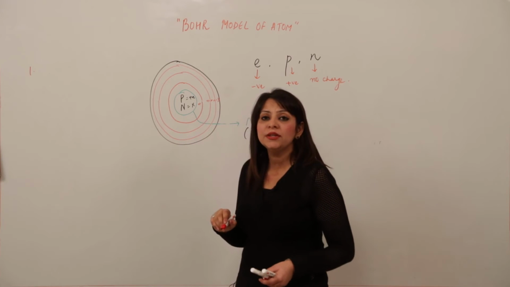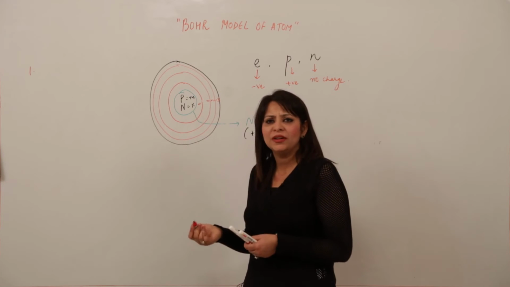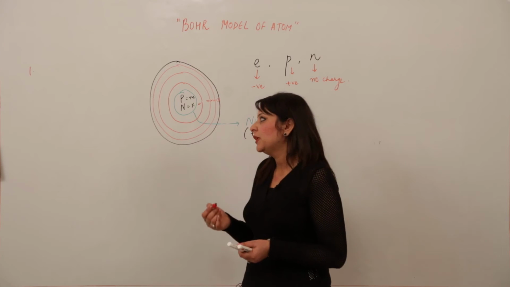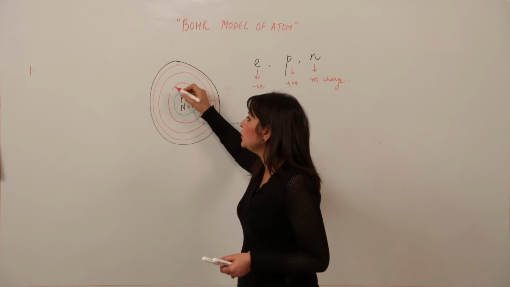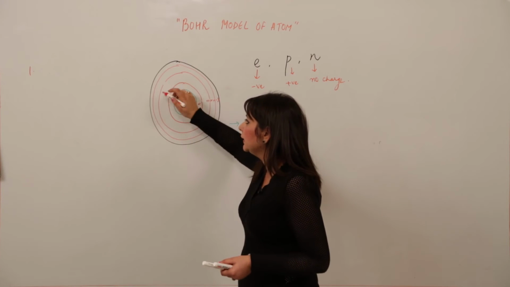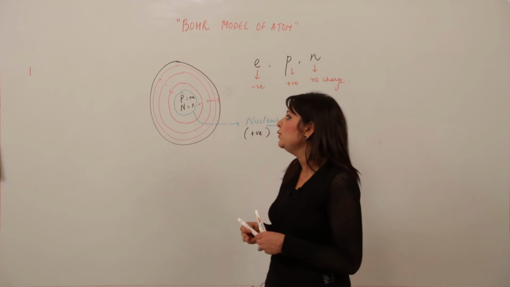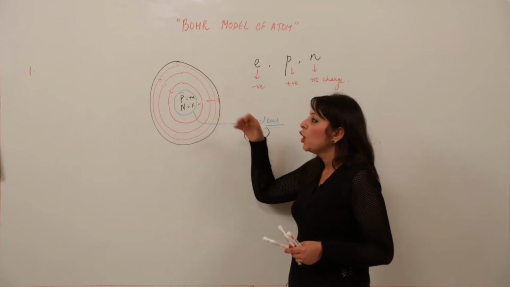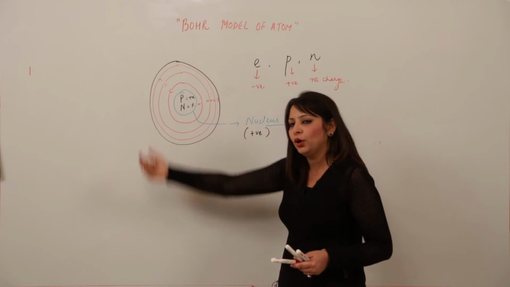But we can't start with the alphabet A, because that is taken by Bohr. There is no hard and fast rule for it, but since it was given by Bohr, he named the first shell K, then L, M, and so on. So either you can use 1, 2, 3, or you can use K, L, M, and so on, right?